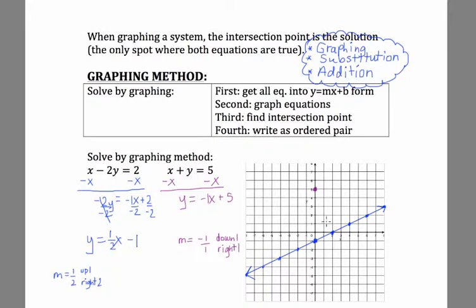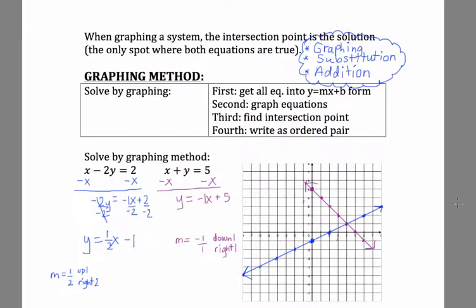We're looking for the intersection point of these two lines. So what's my answer?